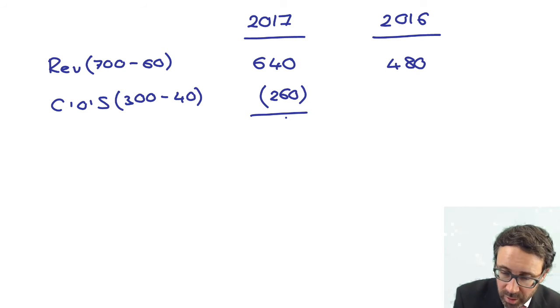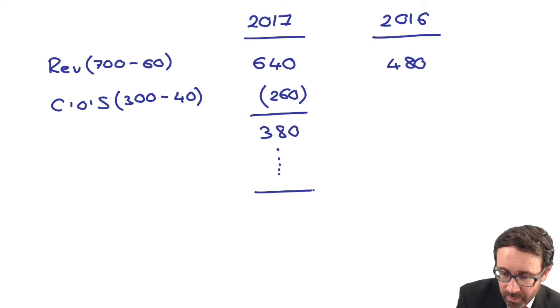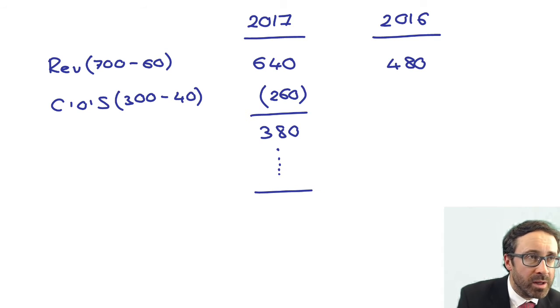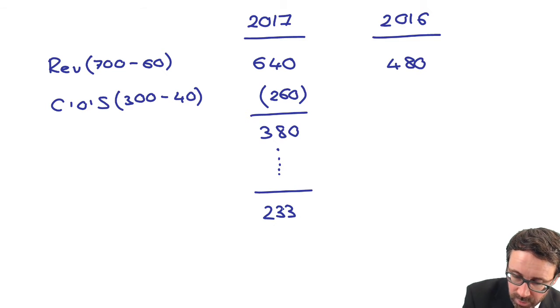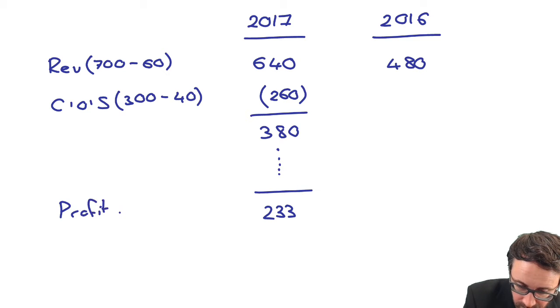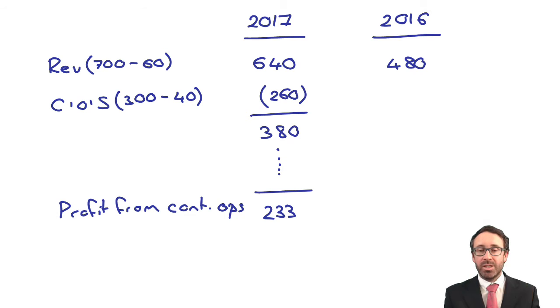Does that give me gross profit of 380? And you can go through and do that right the way down, so that ultimately you end up with 233 as your profit from continuing operations, because you've removed everything to do with your discontinued operations.